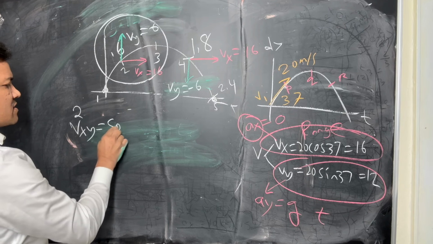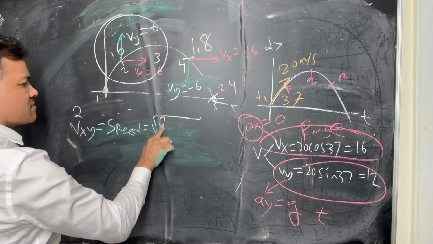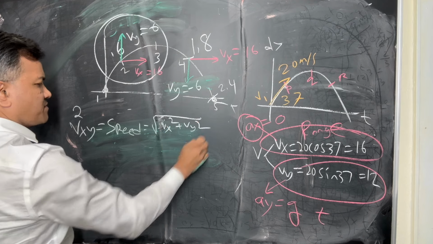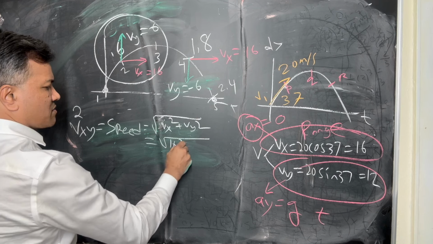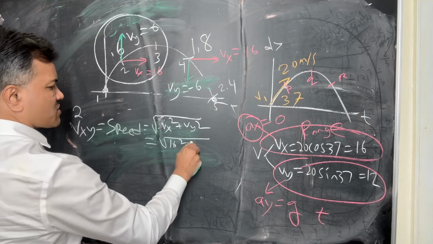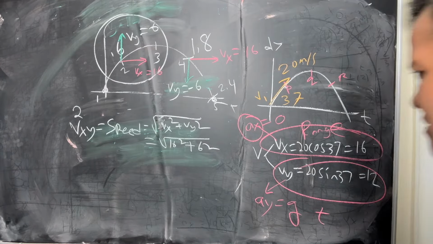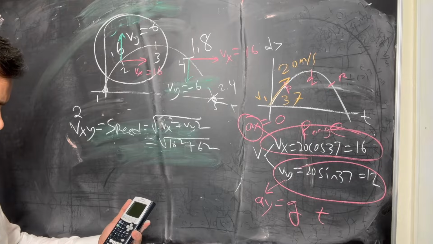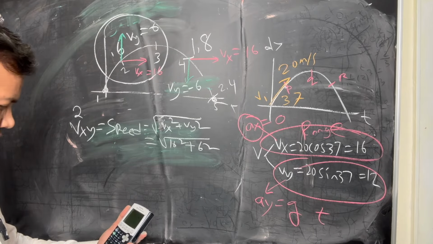Okay, so what is the Vxy at location 2? Vxy is speed, which is the square root of Vx square plus Vy square. All right, so 16 square plus 6 square, I think 17.